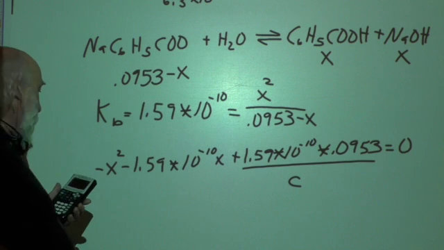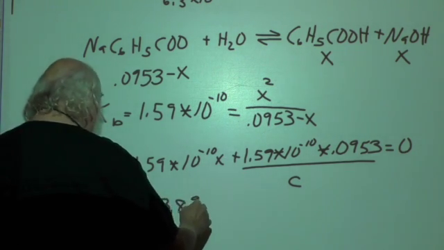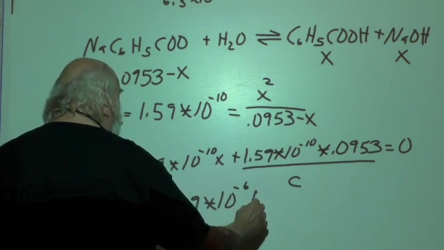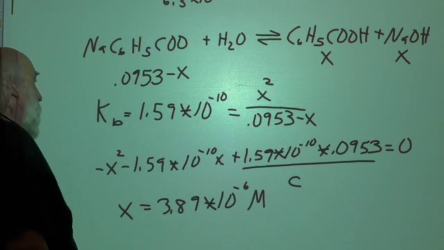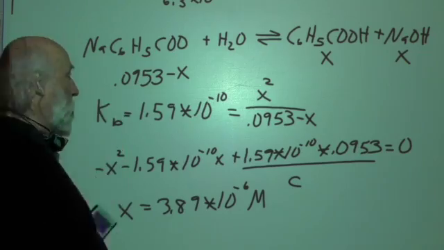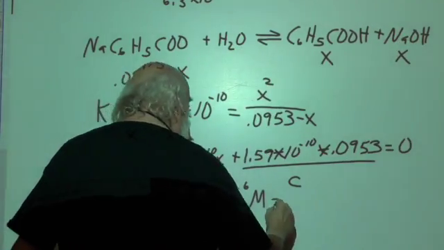And we get the positive value that's going to work here: X is 3.89 times 10 to the negative 6 moles per liter of your OH. That is the concentration of OH.